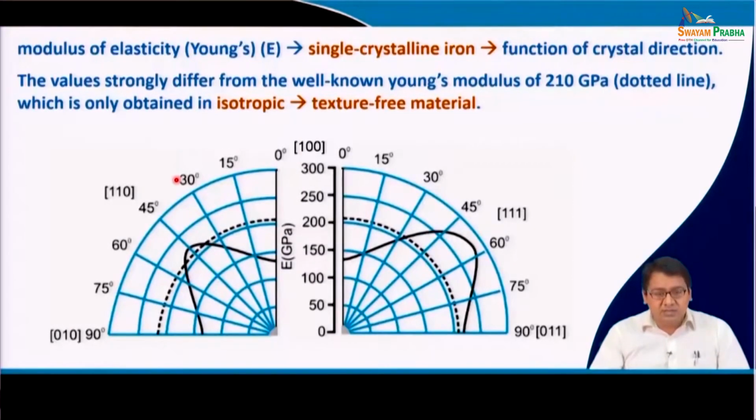Now, you see, I give you an example of modulus of elasticity or Young's modulus, which is known as capital E, for a single crystal iron, and here is the figure showing that. You can see that the modulus of elasticity was calculated for the 100 direction, for the 010 direction, for the 110 direction, in between them, and then it was calculated for the 011 direction, 111 direction, and in between them.